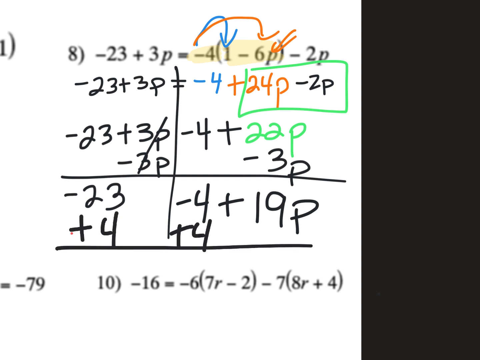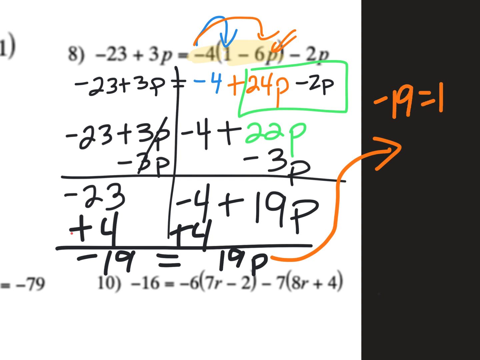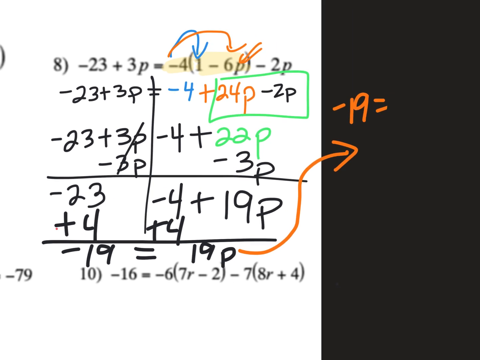And what I do over here, I've got to do over there. I've painted myself into a corner and don't have enough room to finish. So negative 19 is equal to 19P. Reese just told me that I needed to divide. Do we agree with him? Yes, because he's correct.